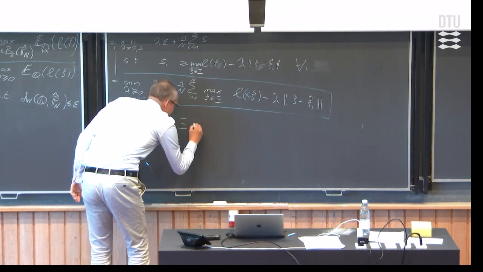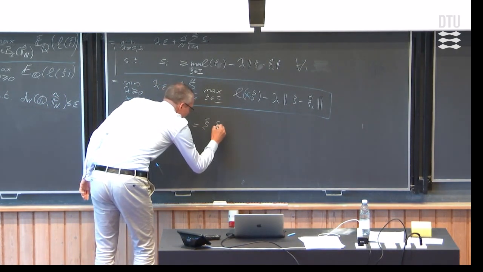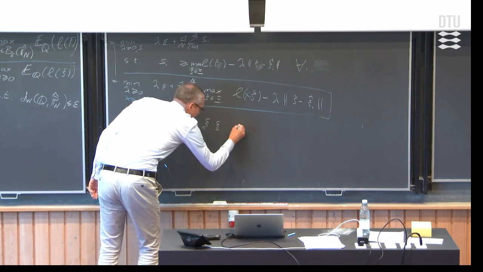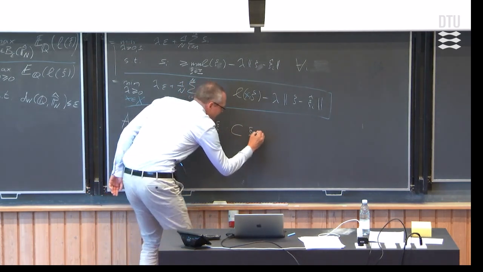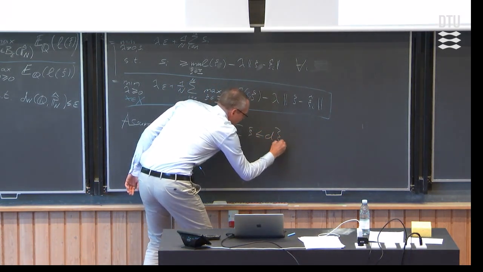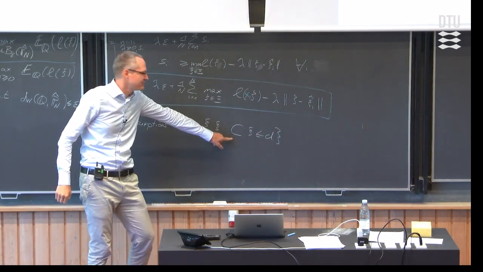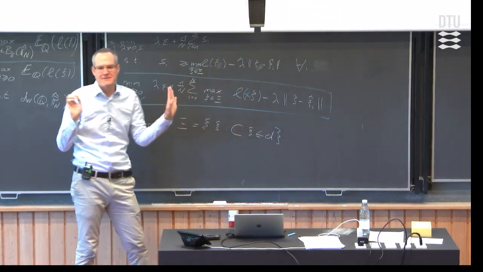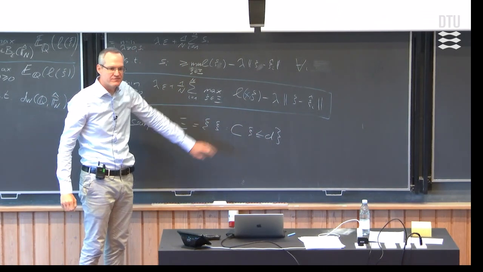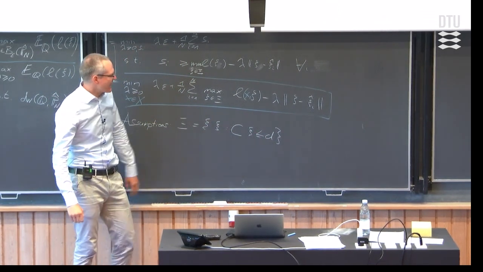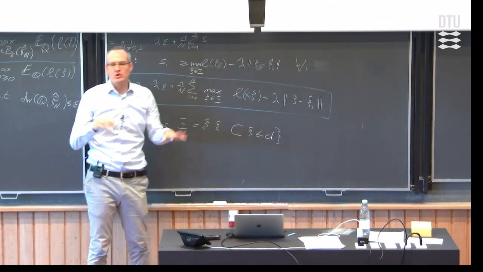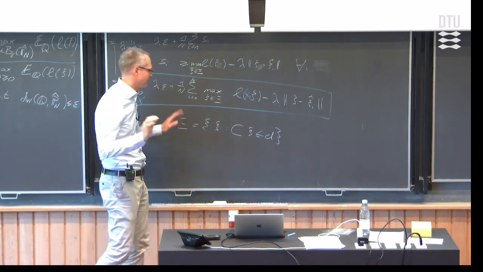So the set is equal to the set of all variables psi that satisfy the condition C times psi is smaller or equal to d. So these are just linear constraints. C is a matrix and d is a vector of appropriate dimensions. This is a polyhedron. Okay? Actually, C and d could be 0, then this is the whole space. Okay? Doesn't matter.